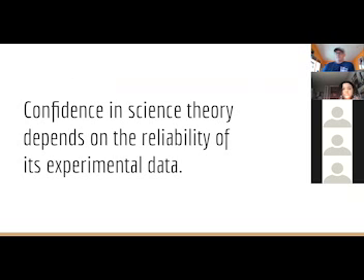Any scientific theory or scientific law depends on the reliability of the data. Anytime you publish anything or you write a lab report, you have to be able to justify how reliable your data is, or else no one's going to believe you.